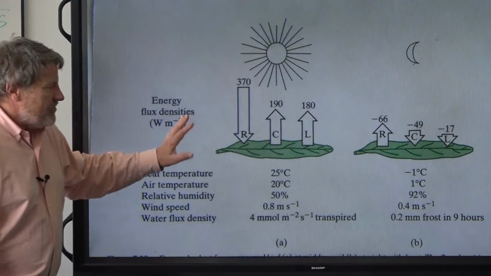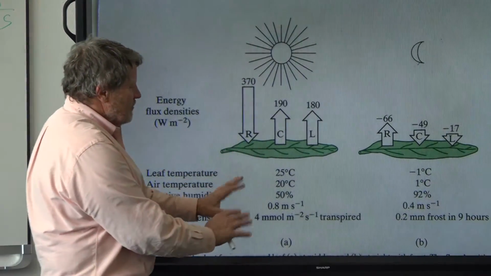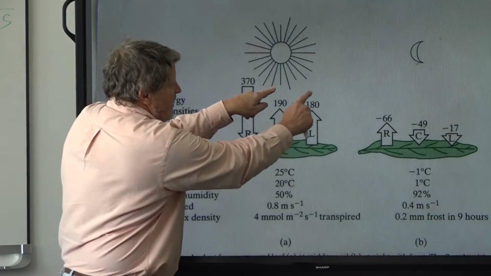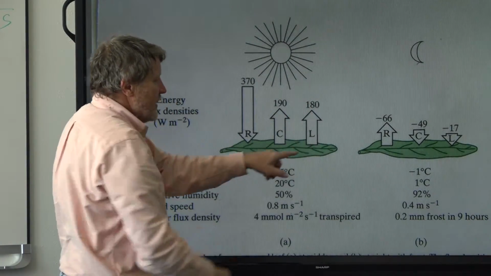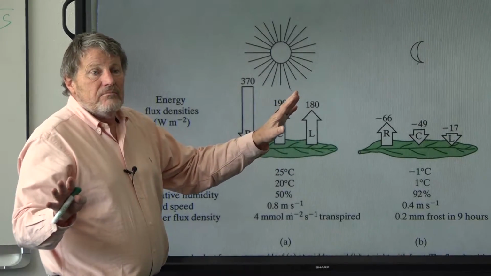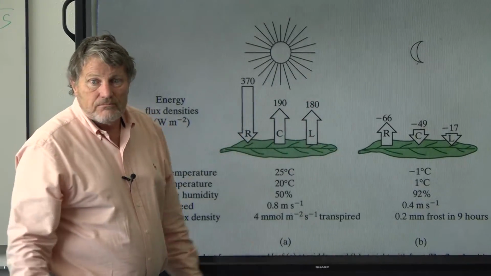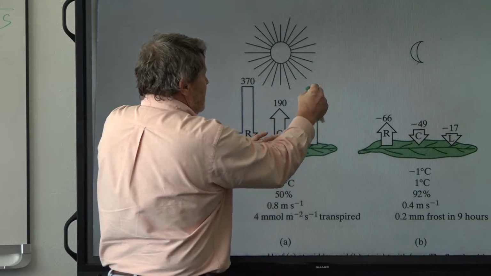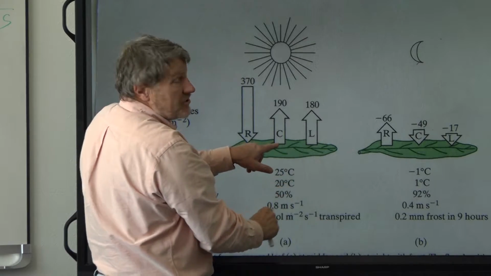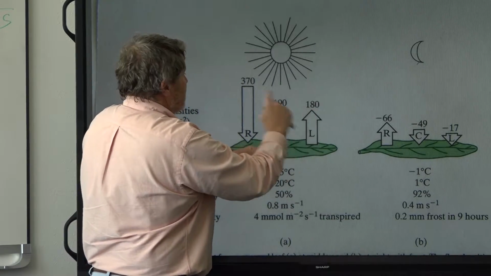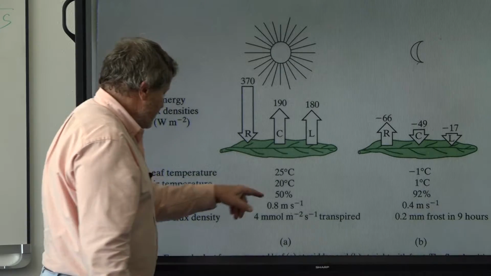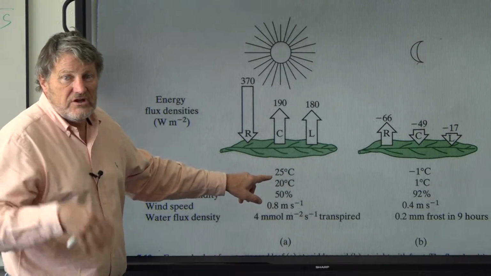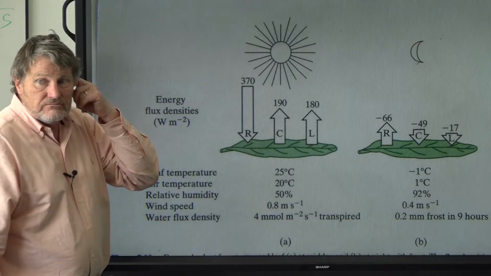Okay, this is typical. If the plant is well watered, this can get to 370 and this one can go to 0. And when that happens, the leaf is at the exact same temperature as the air. As the plant runs out of water, this has to get bigger until, if the transpiration went to 0, this would have to roughly double, and the leaf temperature might be 10 degrees C, the leaf to air delta T, to make the energy balance.